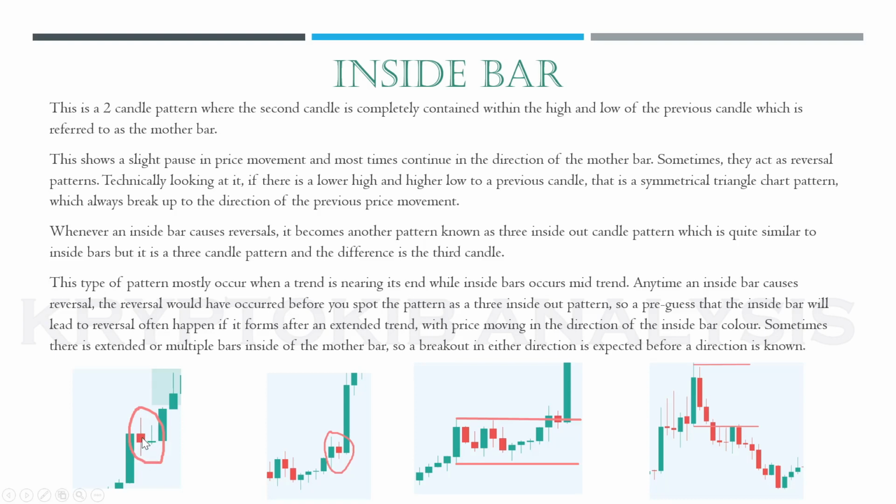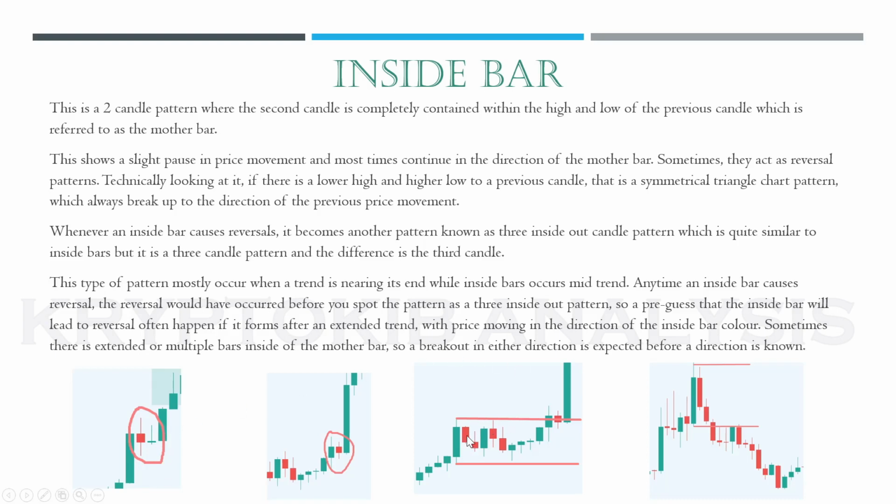That becomes what we call an inside bar. Here as well, it's also happening mid-trend, where the high and low of this candle is contained within the high and the low of this candle, and then we saw it continue in the direction price was coming from, like we saw here as well.